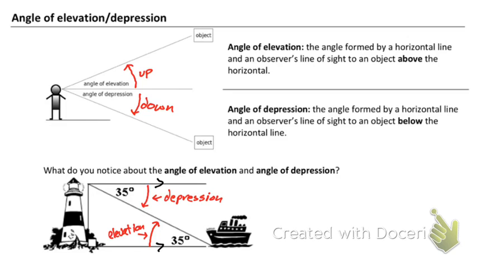So our angle of depression and elevation are going to be the same because of alternate interior angles. Alternate interior angles tell me that this angle of depression from the lighthouse to the boat will be the same measure as the elevation of the boat to the lighthouse. And that's due to alternate interior angles.